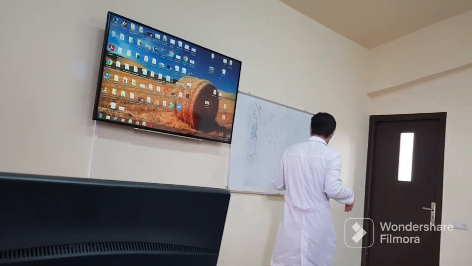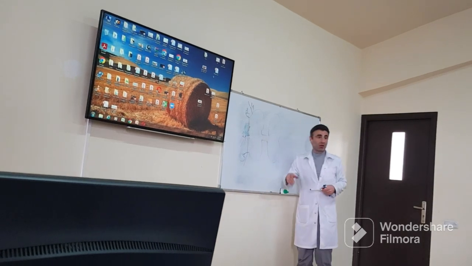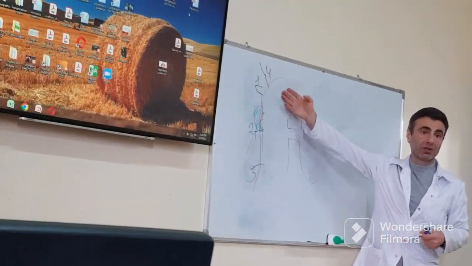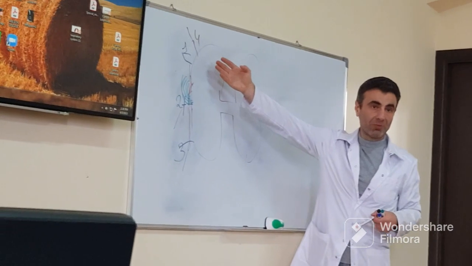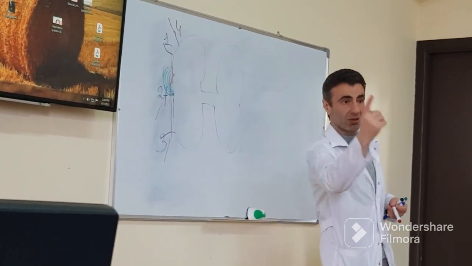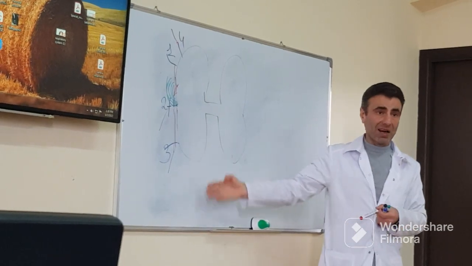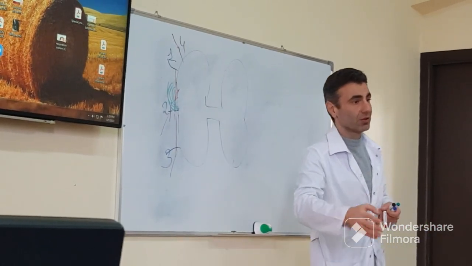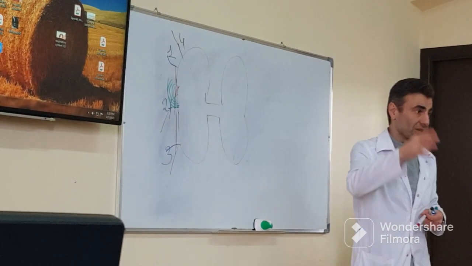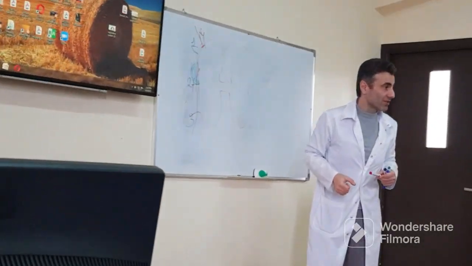Now here there are two rules. Rule number one. As you know, the superior thyroid artery forms a neurovascular bundle, and this neurovascular bundle is also covered by the parietal layer of fascia. It is artery, vein, and the external branch of the superior laryngeal nerve.